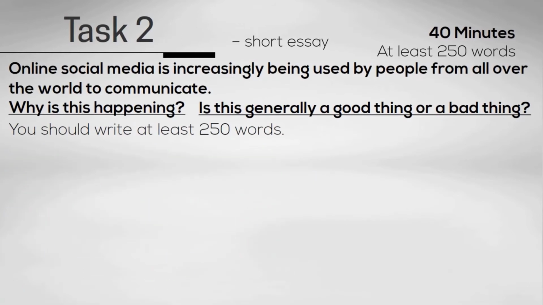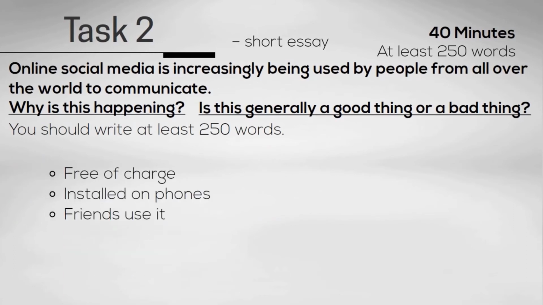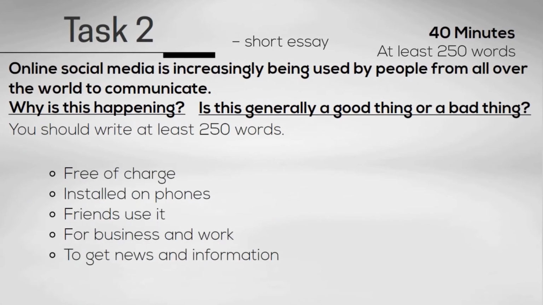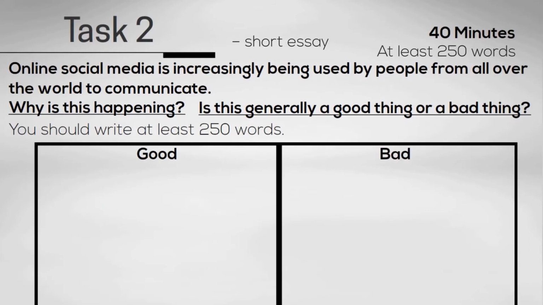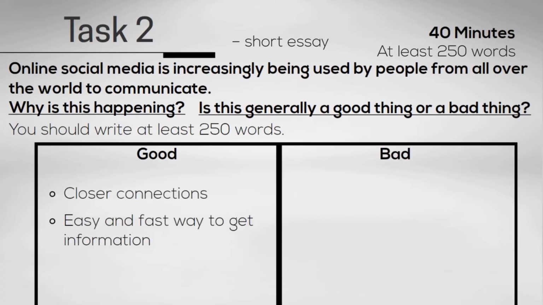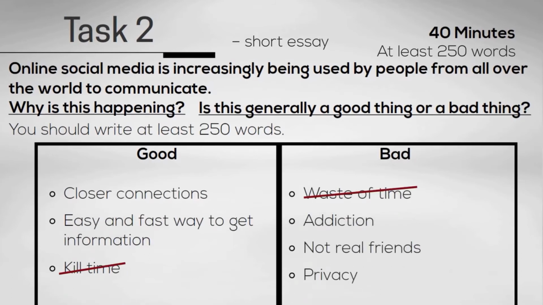So why are people increasingly using social media? Jot down your ideas. Decide which ones are the best. Decide which ones are not very useful. And is using social media a good thing or a bad thing? Again, jot down your ideas. Decide which are your best arguments and which ones to cross out.